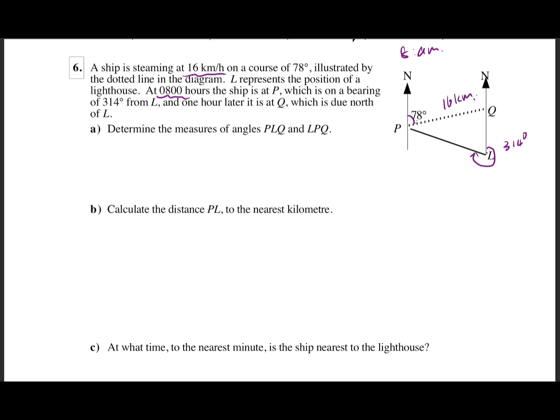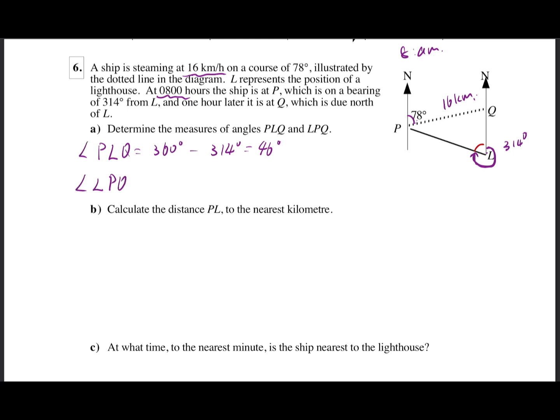So first we need to find the measure of angle PLQ. If the course is 314, we just use 360 minus 314 degrees, so we can get this part, and the answer is 46 degrees. And then the other one is angle LPQ.